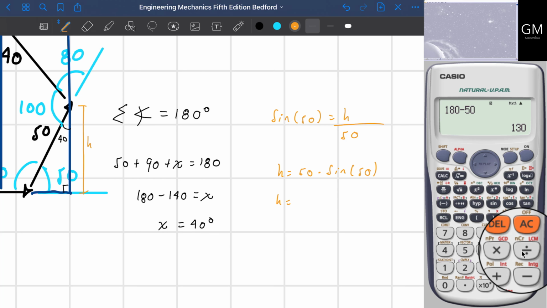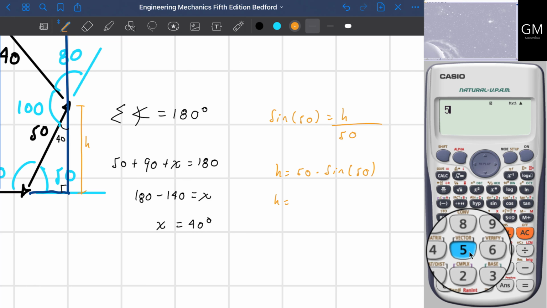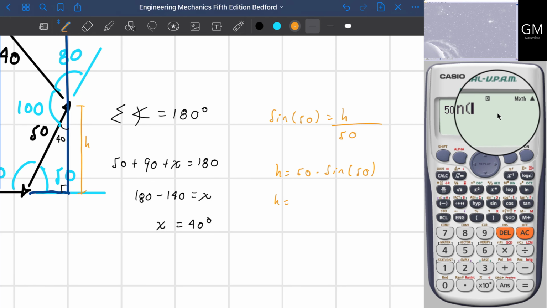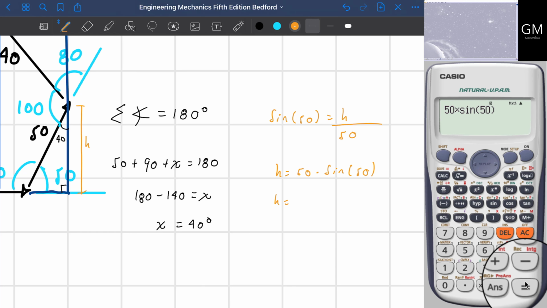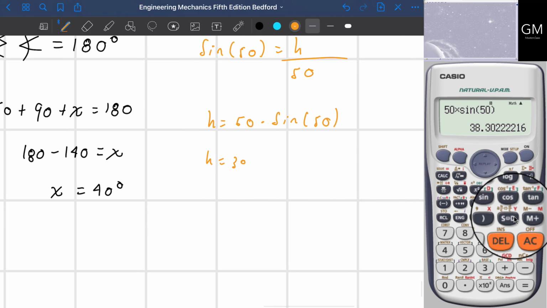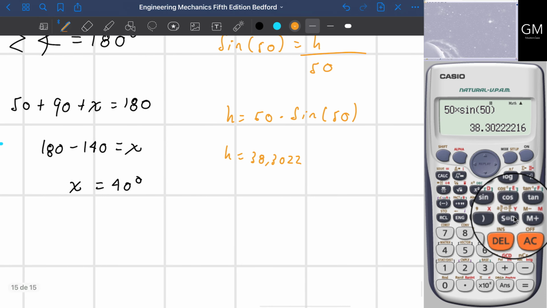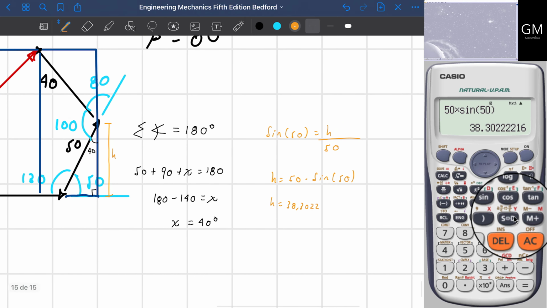H is equal to 50 times sine of 50. I have to make sure that I'm using degrees. It is equal to 38.3022. I'm going to use just 4 significant digits after the comma. Well, I have the value of h.